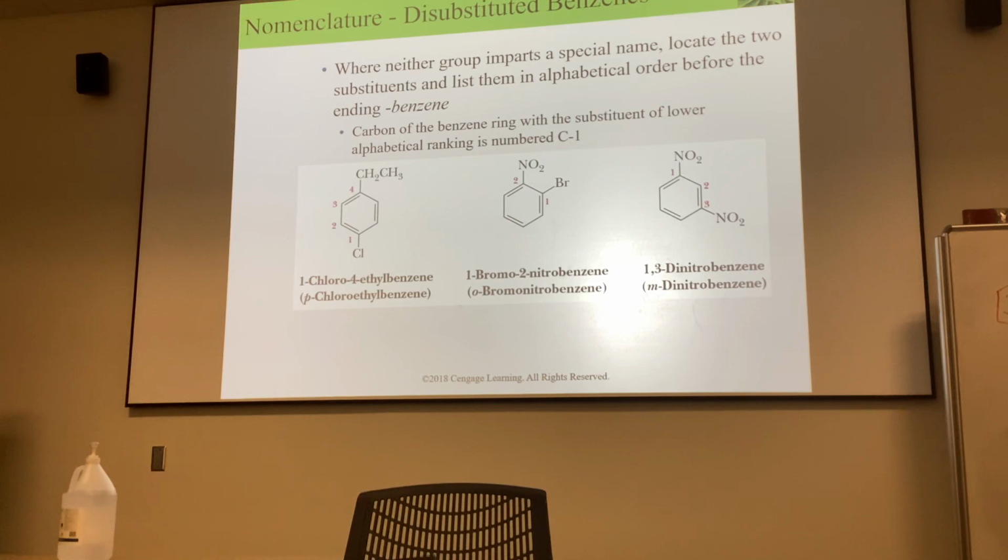This is in the realm of back when you were actually taught naming, instead of just pretending that we're doing naming, when you would find the longest carbon chain and only ever count carbons.